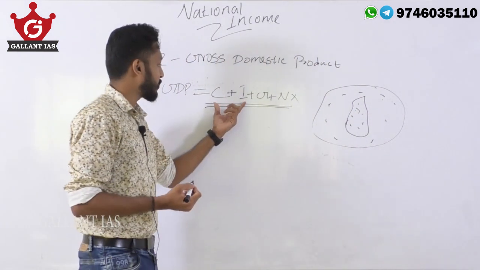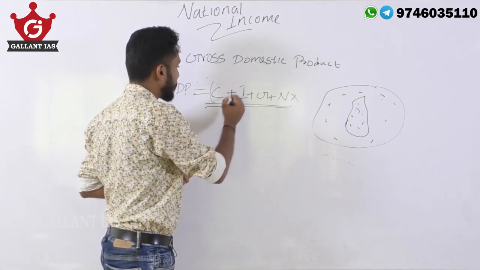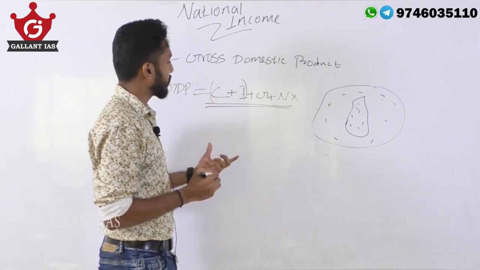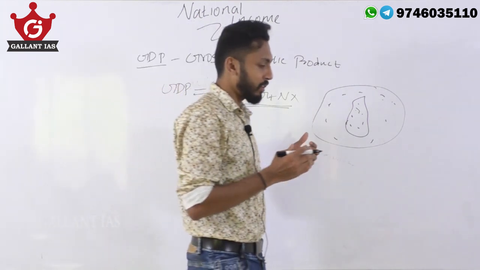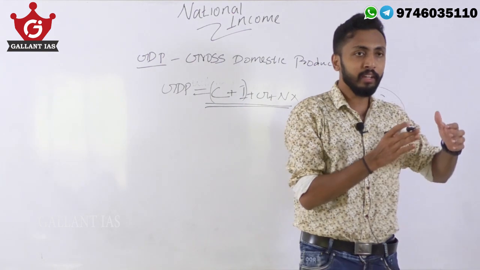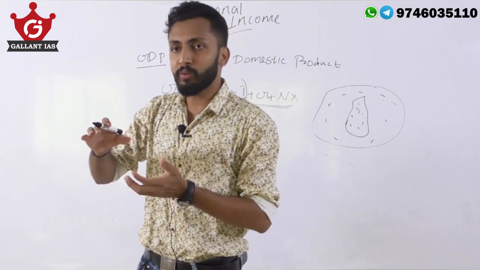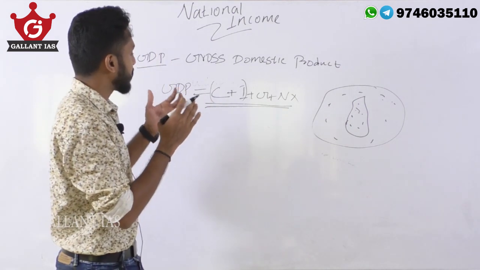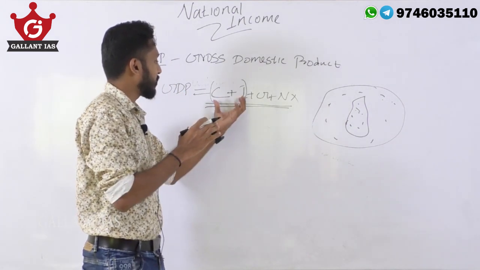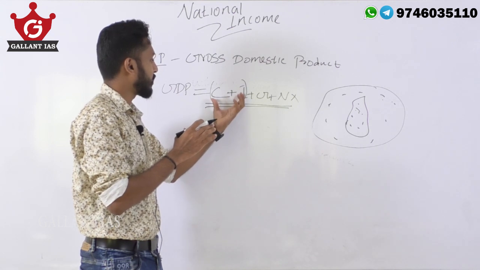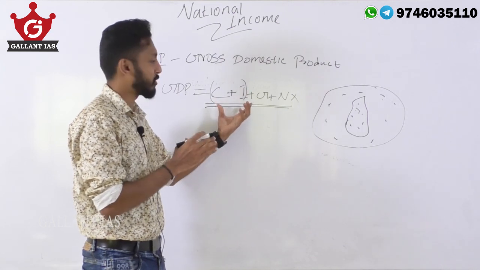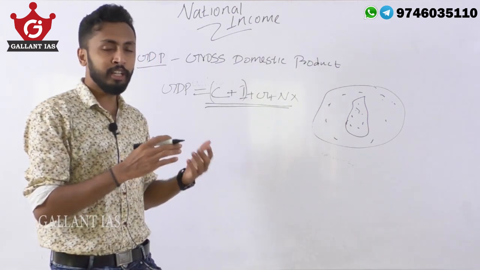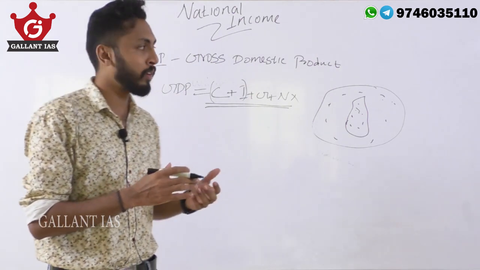What is the relevance of C plus I? Consumption plus investment. If we get an amount of income, either we consume it or we save or invest it. So the total money received by any household comes under these 2 items, consumption or investment. Then government expenditure, expenditure done by the government in the economy.